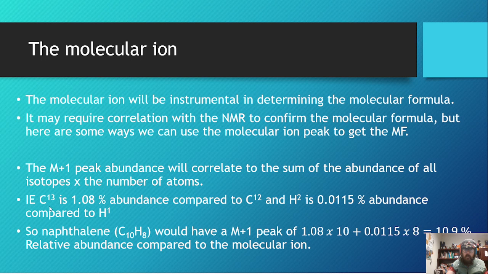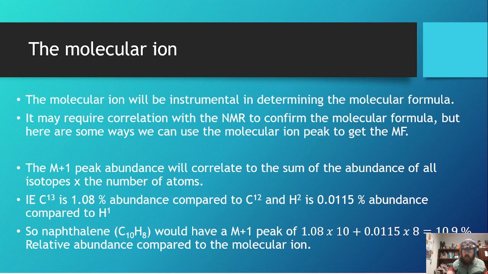So, example, C13 is usually 1.08% abundance compared to C12, and deuterium is 0.0115% abundance compared to protium. So naphthalene, which is C10H8, would have 10 carbons times 1.08 and 8 hydrogens times 0.0115, so an n+1 peak which is 10.9% the size of the molecular ion peak.